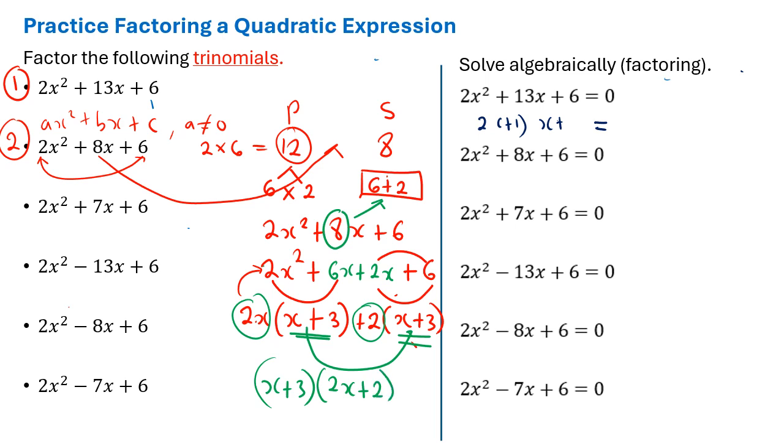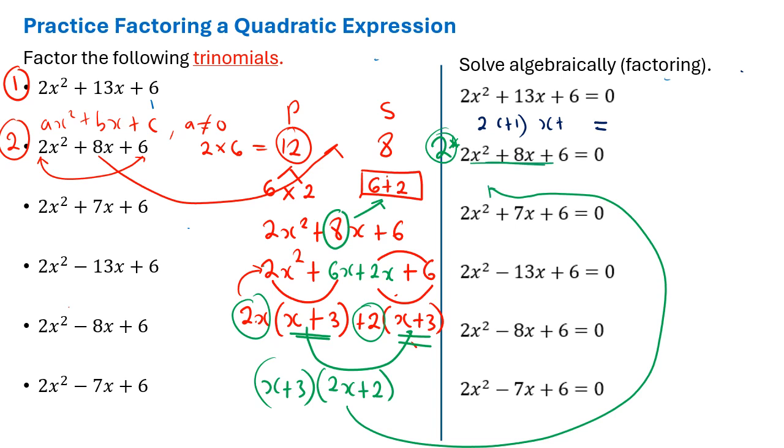So if I wanted to solve this equation 2 star here, I can easily solve it by copying this result and bringing it over here. If I factor the expression on the left-hand side, it will be x plus 3 times 2x plus 2.